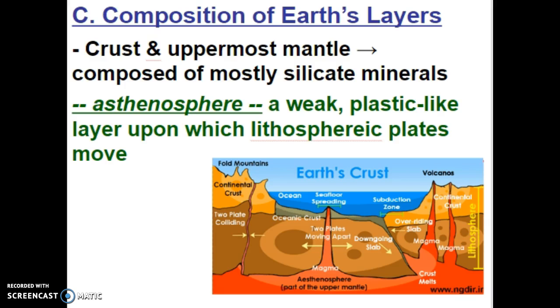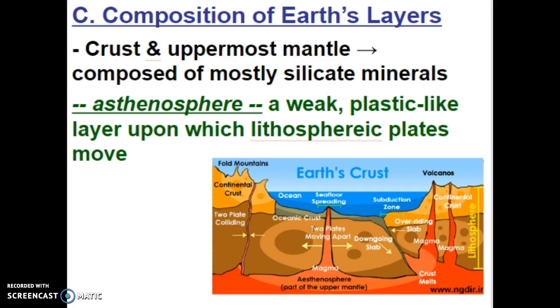The lithosphere sits on the very upper part of the upper mantle, and we call that part the asthenosphere. The asthenosphere is a weak, plastic-like layer that the lithospheric plates move around on. When we discussed plate tectonics in our first section, that's what the lithospheric plates are moving around on.